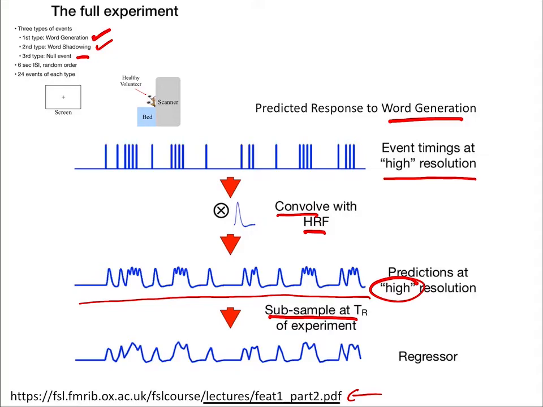It will take this high resolution and pick out different points at a lower resolution, and that's what you're going to use for your final regressor. That's why it's important that it knows your TR, your repetition time. Once it knows the repetition time, it says, well, your data weren't collected at this high resolution. It was actually acquired at this TR. So it uses that information to subsample your data.